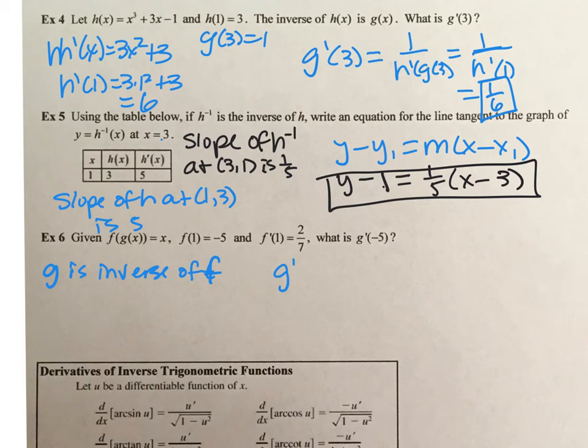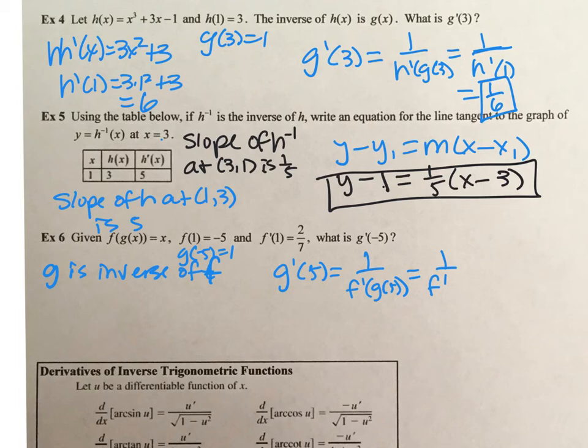Remember, g prime of negative 5 would be 1 over f prime of g of negative 5. Remember, if f of 1 is negative 5, that means that its inverse, g of negative 5, is equal to 1.